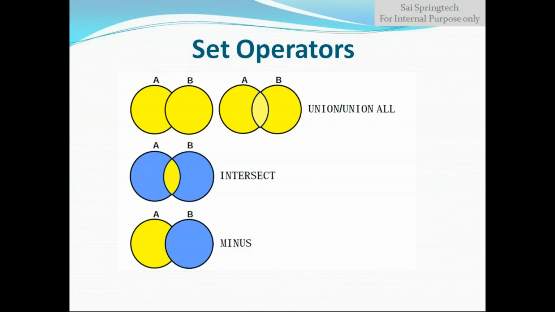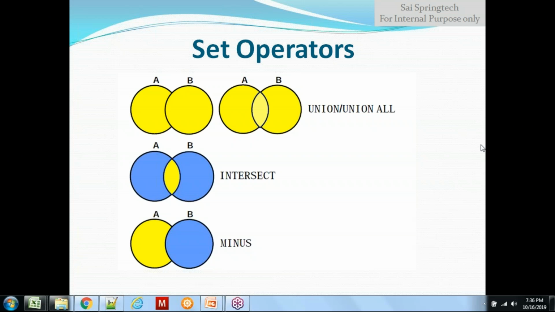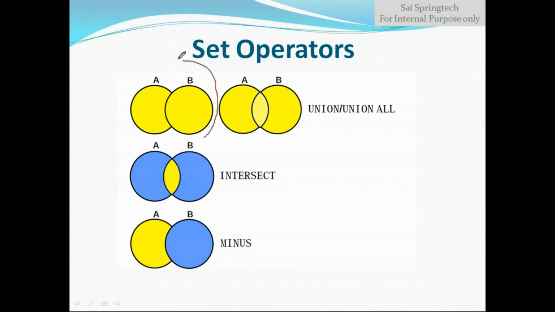So what does union do? When I'm saying union all, which is this one, it gives me rows from both the queries, including the duplicate rows.